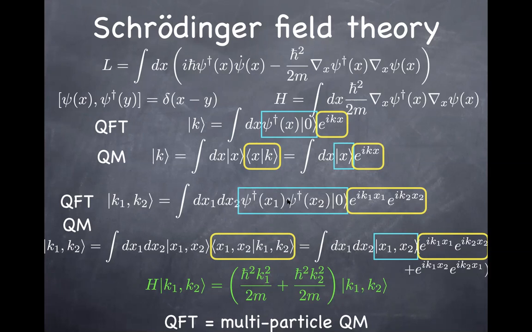Yeah, so if you don't talk about momentum eigenstates, but only talk about position eigenstates, you don't have this integral. You just have this thing in the ket. This is the position eigenstate of two identical particles at positions x1 and x2. So I will call this the x1, x2 state, like what you do in quantum mechanics. Then I can ask the question, what is the x2, x1 state? Then I have psi dagger x2, psi dagger x1 acting on the vacuum.